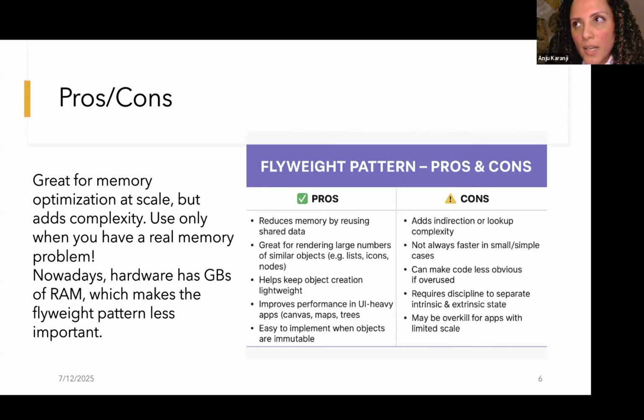Cons would be that because that object is shared across 100,000 or millions of objects, if you make a change in one object, it is going to be reflected everywhere else. In our case, it is not a problem because if book content changes, it's good for it to reflect in every other object. But you have to be mindful of where you're using it.